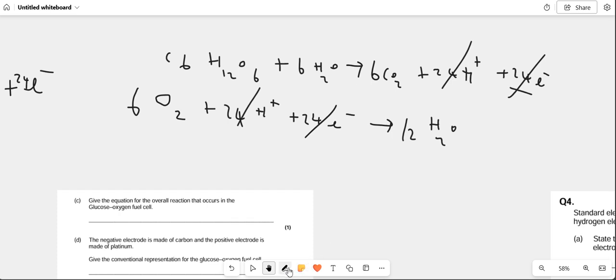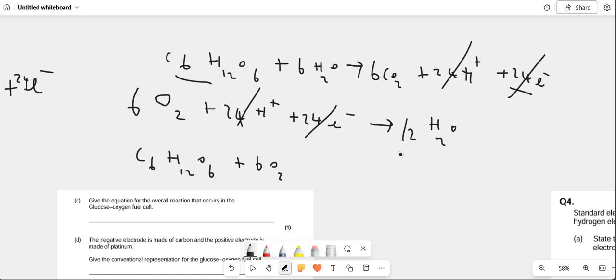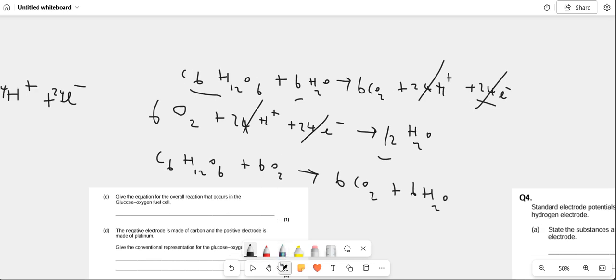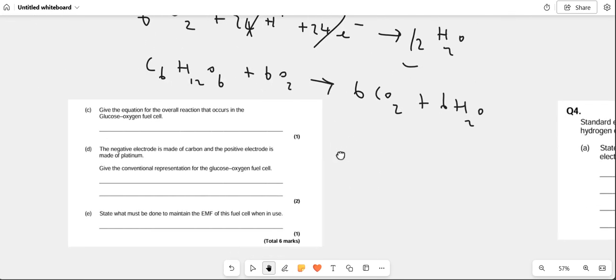What you're left with is the reactant, C6H12O6, and on the bottom 6O2. The right hand side has more waters than the left hand side. This has 12, this has 6, so it's going to be 6 on the right, because 12 minus 6 is 6. So we produce 6CO2 and also 6H2O. So that's the final ionic equation for part C.